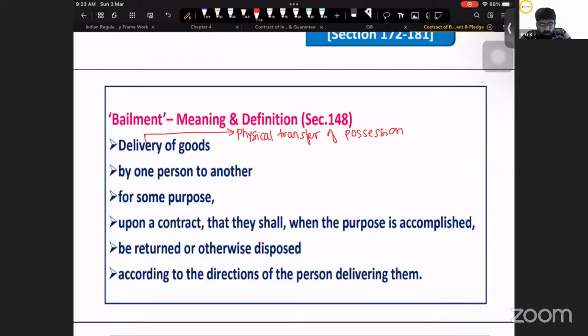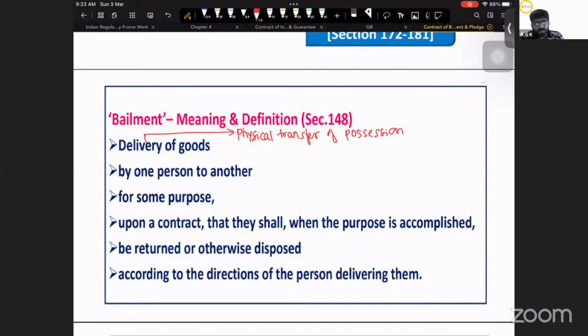Delivery of goods by one person to another, for some purpose, upon a contract that they shall, when the purpose is accomplished, be returned or otherwise disposed of according to the directions of the person delivering them.